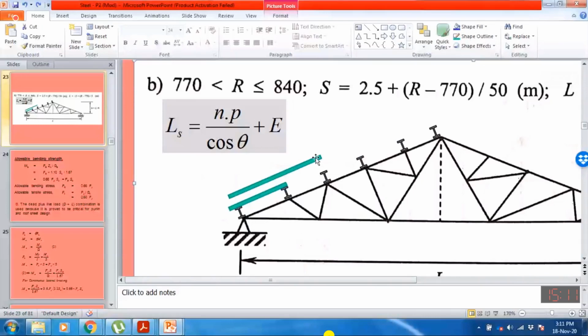Let's suppose I compute the total length of the sheet that may cover two panels. Here I have to use the n value 2. The n value 2 means that I want to determine the total inclined length of the sheet covered by one single length. So 2 panels divided by cos theta plus E will be the length of the sheet covered between two panels.